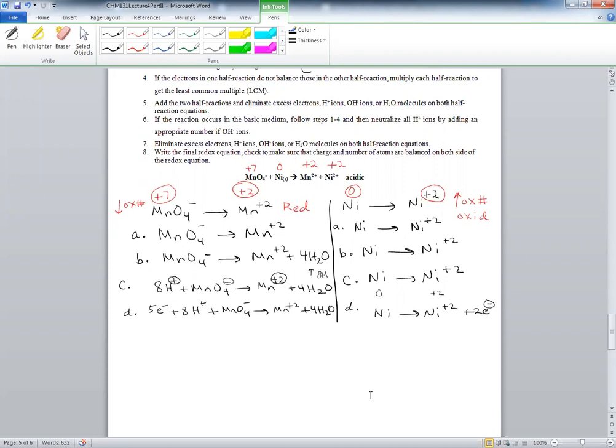So that's why we need to make the number of electrons equal. And to do that, it's from math. What's the least common multiple between 5 and 2? It's 10. So that means you have to multiply this side by 2 and multiply this one by 5. Once again, 5 and 2 have a least common multiple of 10.